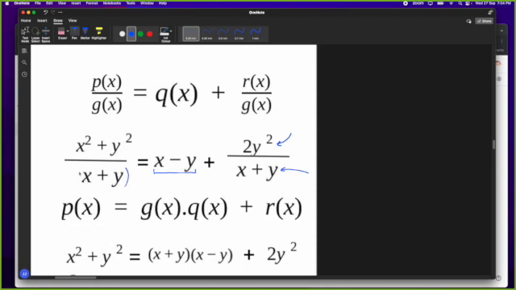If I take this and I throw it across, what will I end up getting? This is going to be multiplied by the quotient. So I'm going to have this x plus y multiplied by the quotient here, but it's going to cancel with this divisor here. So I'll just have the remainder here. So this is your dividend. This is the divisor times the quotient. And this is the remainder.